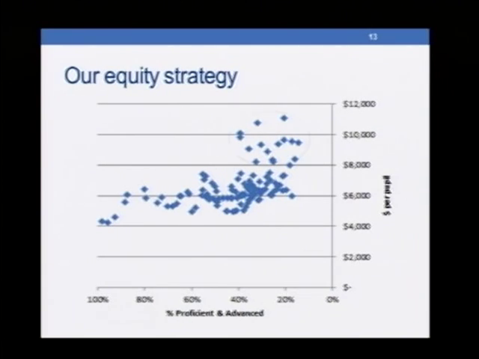And I want to highlight 3 groups of schools. This group at the top right are fairly highly funded relative to their peers and lowish performing. This group at the bottom left, high performing, low funded. And then you've got this group at the bottom right that represents a big bulk of schools that are actually low funded and lower performing.